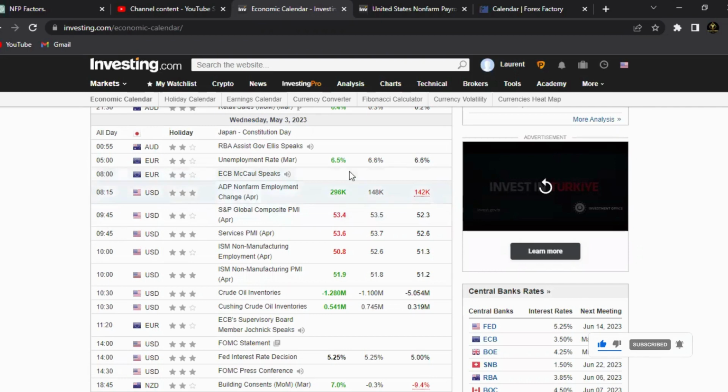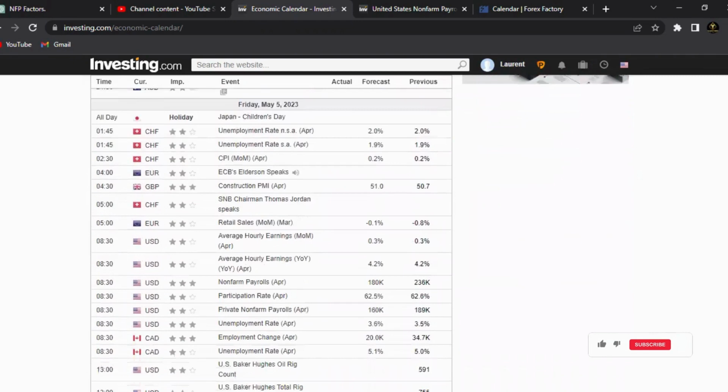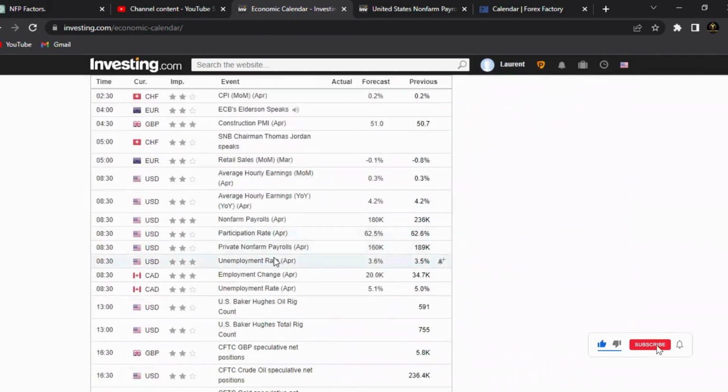Since all of them are coming out positive and going contrary to what was previously anticipated, I do anticipate that tomorrow the NFP will come out positive or better than expected. As you can see, it's indicating 180. So I'll be expecting the number to come out greater than 180, and the fundamental will have a positive impact, which will make the US dollar become stronger. So that's what I'm anticipating to happen on the US dollar tomorrow during the NFP.